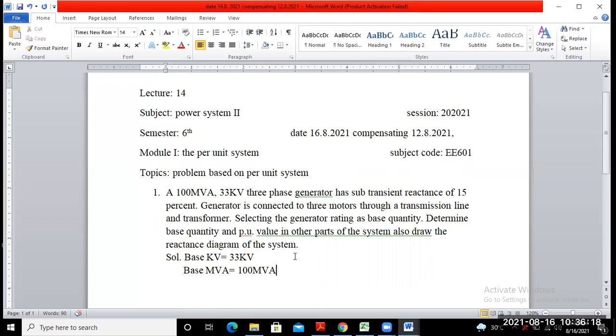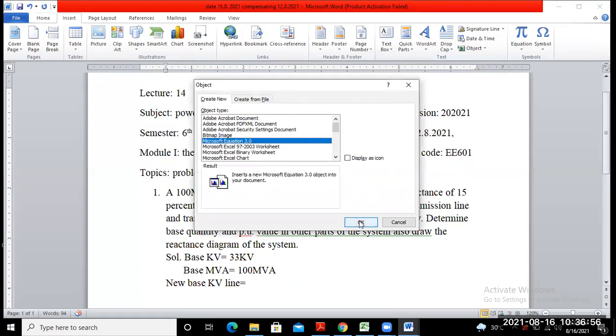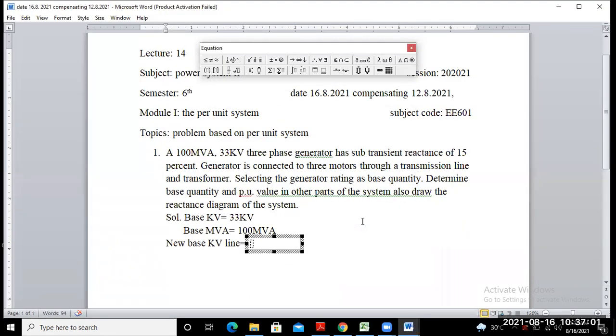So the new base kilovolt rating of the line, that means the transmission line, is equal to 33 into 110 divided by 32.